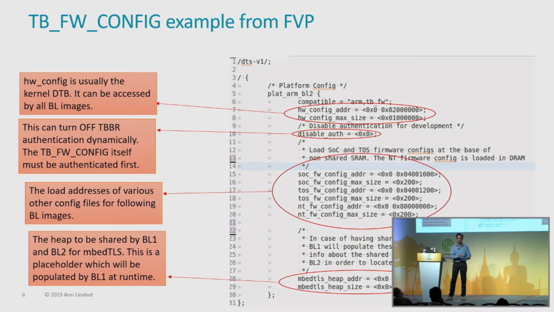Now, using dynamic configuration, BL1 passes its heap address to BL2, and BL2 uses the same heap as BL1 for embed TLS. Using this, we were able to save about 13 kilobytes of memory for FEP in BL2, which is quite a big savings in firmware terms, because your total SRAM may be like 128 kilobytes of memory.